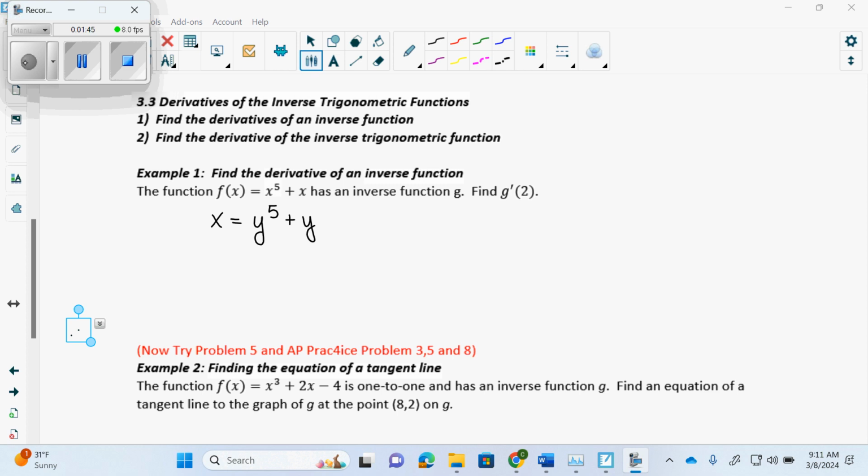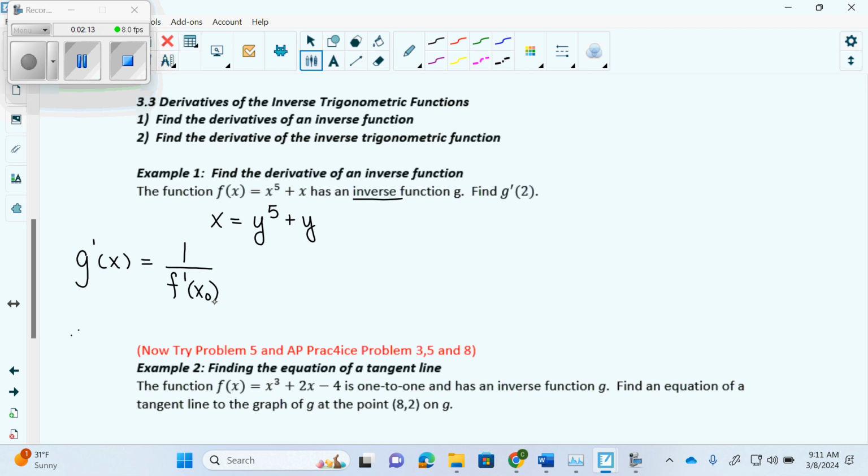There is a theorem for inverses. The theorem for inverse is you have to do g prime of x equals 1 over f prime of x0. It's what you're going to have to do whenever you do this.